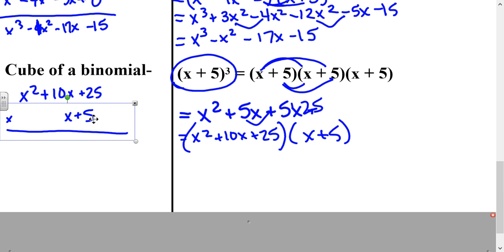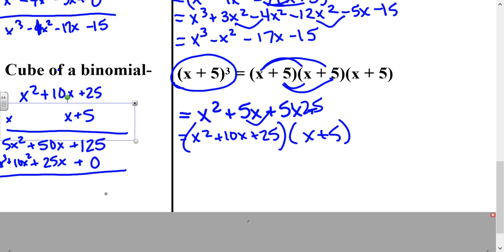So I have 5 times 25, which is 125. 5 times 10x, which is 50x. 5 times x squared, which is 5x squared. Then I bring down my 0, then I have x times 25, which would be 25x. x times 10x, which would be 10x squared. And then x times x squared, which would be x cubed.